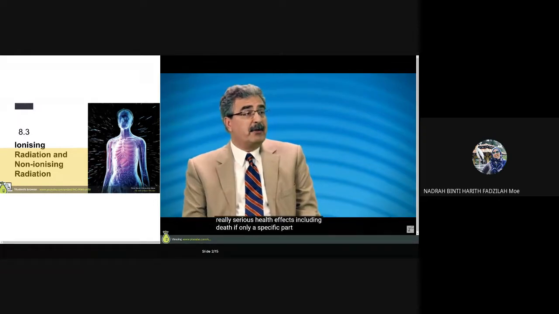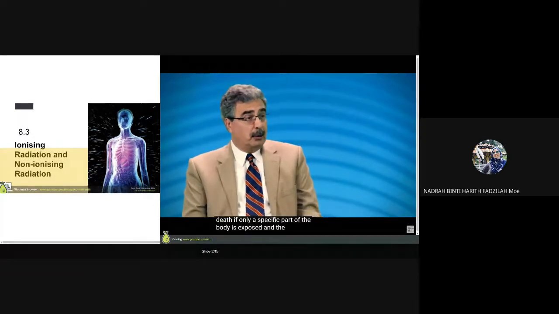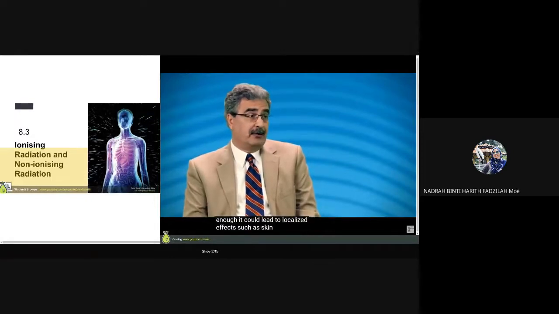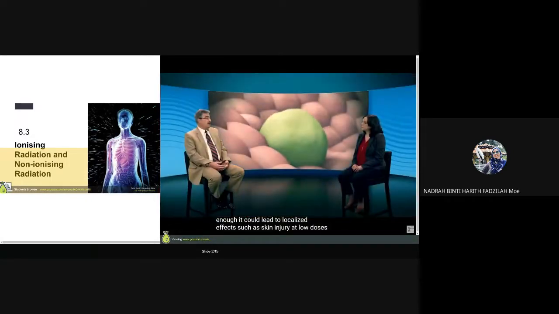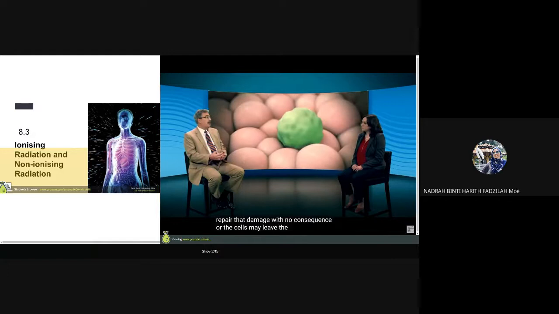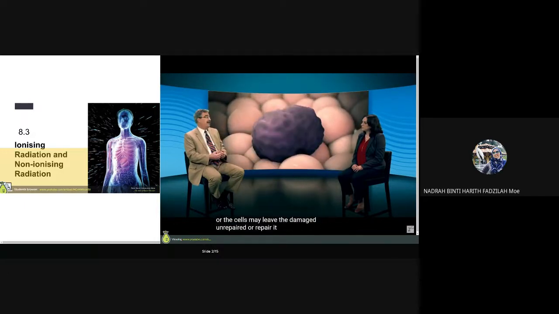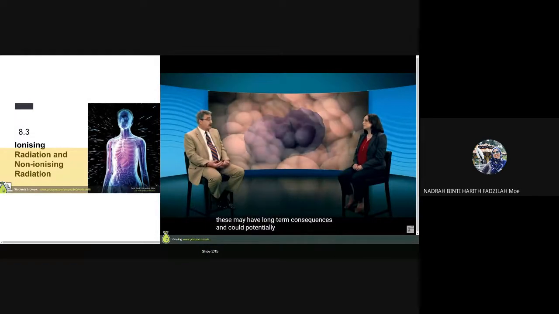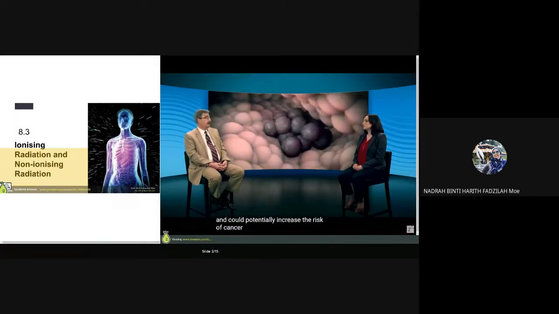If only a specific part of the body is exposed and the dose is high enough, it could lead to localized effects, such as skin injury. At low doses, if any cells are damaged, the cells may repair that damage with no consequence. Or the cells may leave the damage unrepaired or repair it incorrectly. And these may have long-term consequences and could potentially increase risk of cancer.